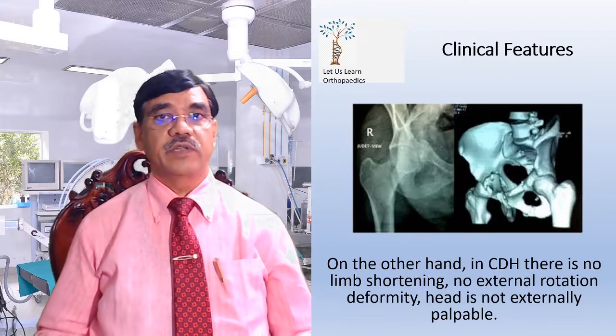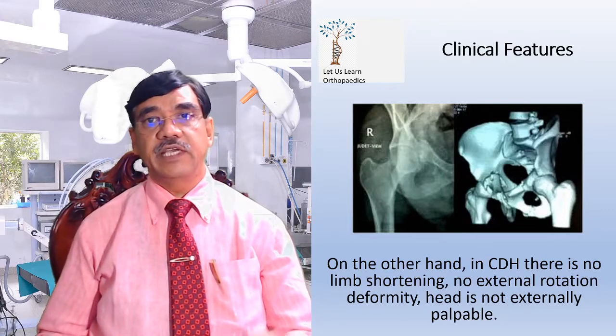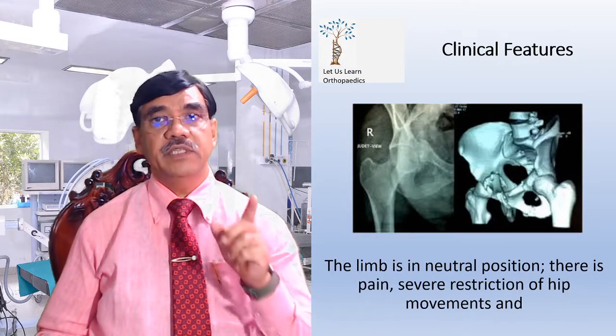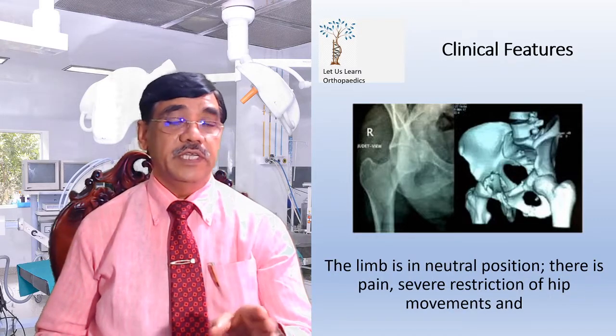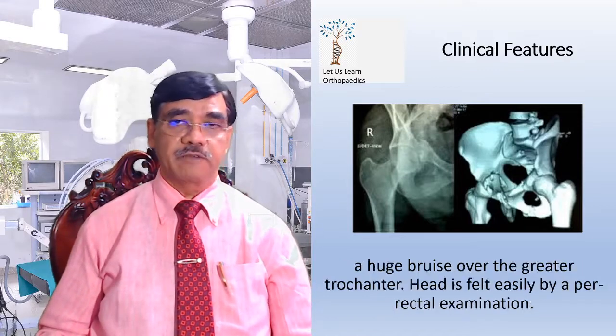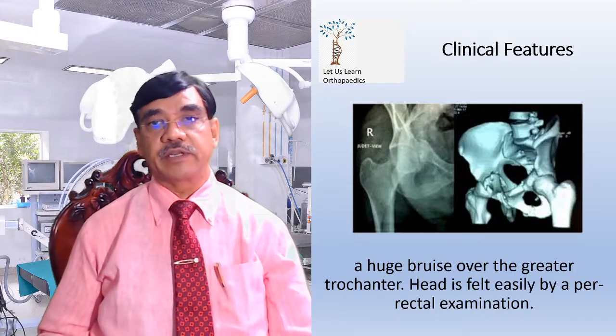No external rotation deformity, no internal rotation deformity, and the head is externally not palpable. The limb is in the neutral position, there is pain and severe restriction of hip movements, and a huge bruise on the greater trochanter.